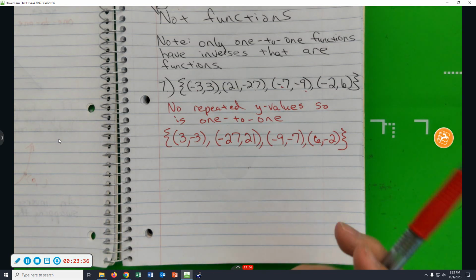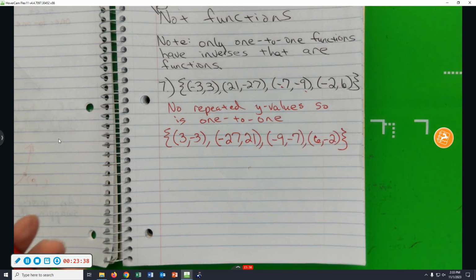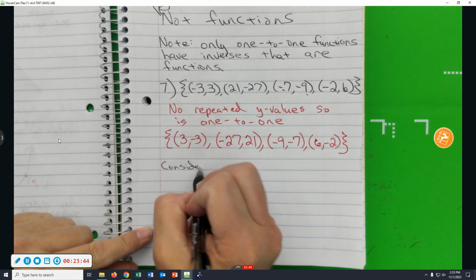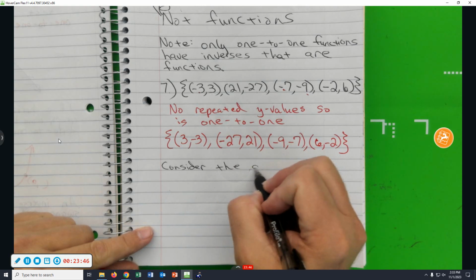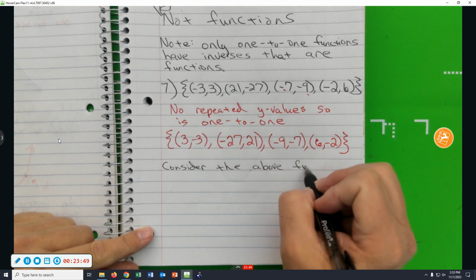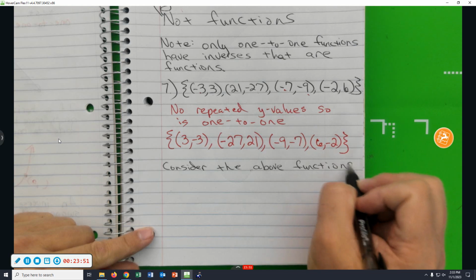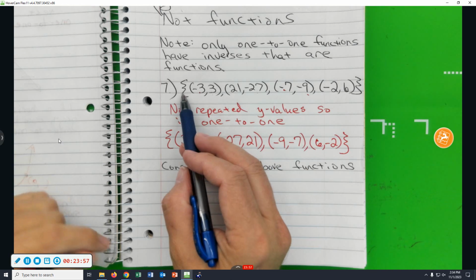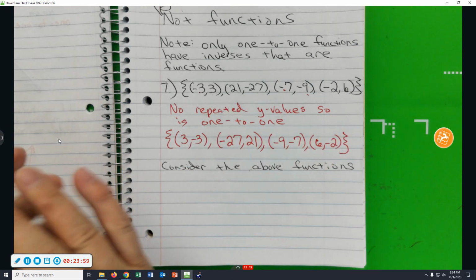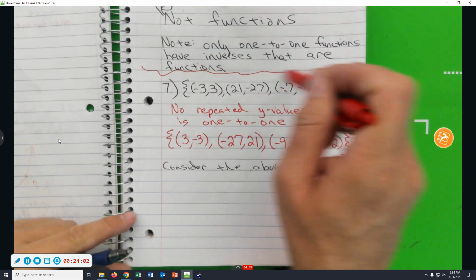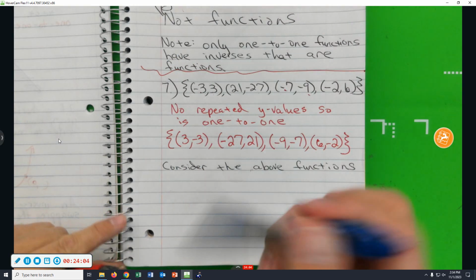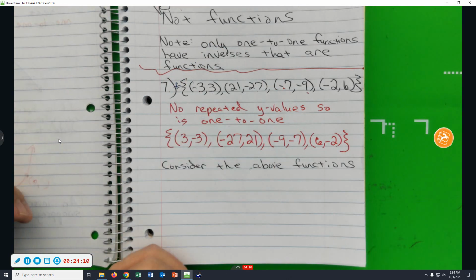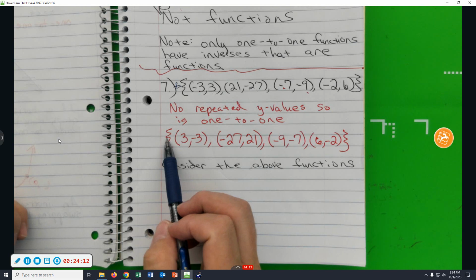Let's come back over here to this number 7. Let's consider the above function and the inverse. Consider the above functions. And for lack of anything, a name, I'm going to label this first function that I'm working with, number 7 here, F. That's my function F. So how will you denote the inverse of F on the red one?